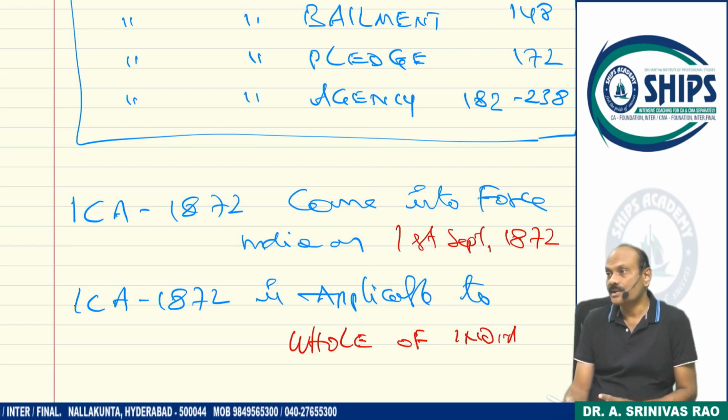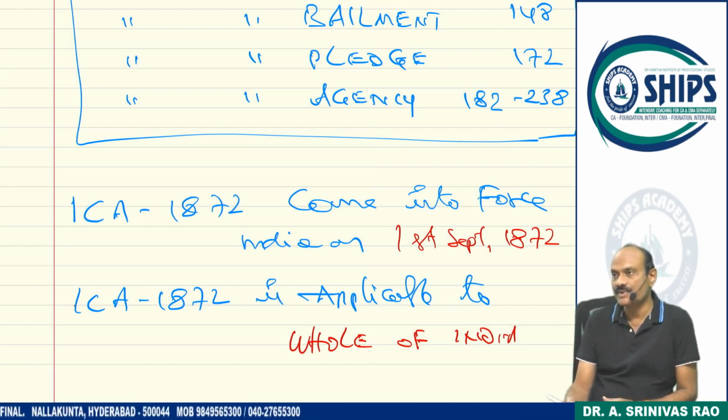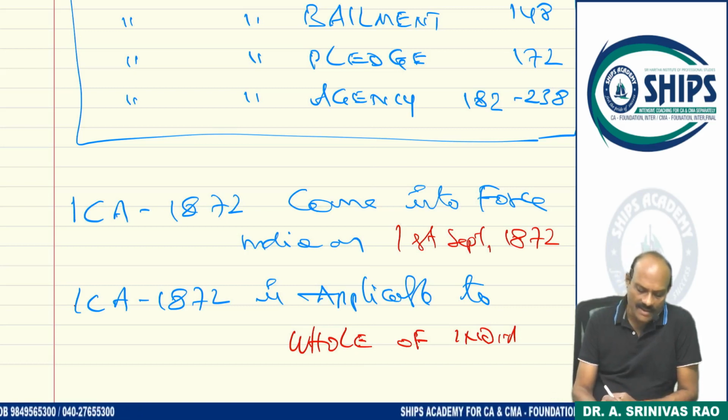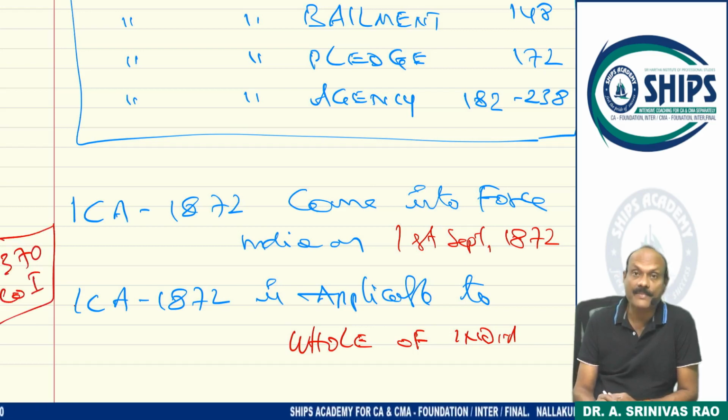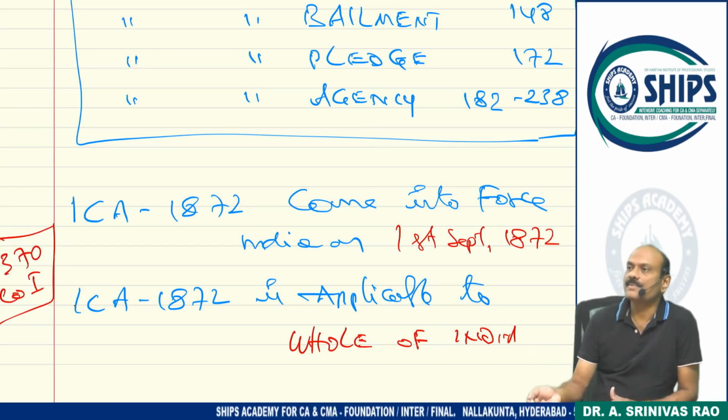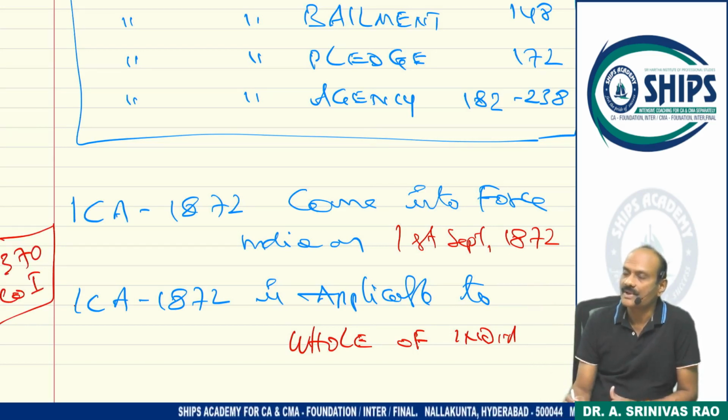Whole of India means including the state. In earlier books, the Act is applicable to whole of India excluding the state of Jammu and Kashmir. After Article 370 of the Constitution of India was repealed, meaning cancelled, this Act is applicable to whole of India including the state of Jammu and Kashmir.